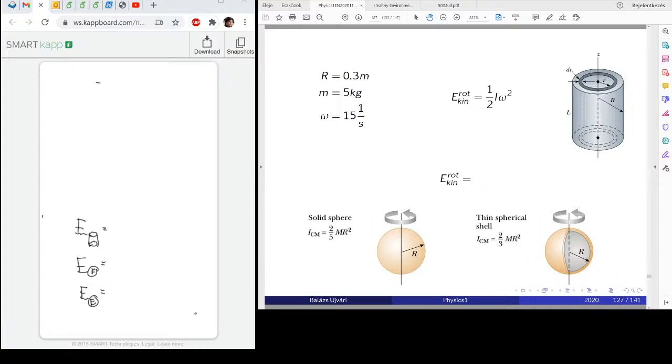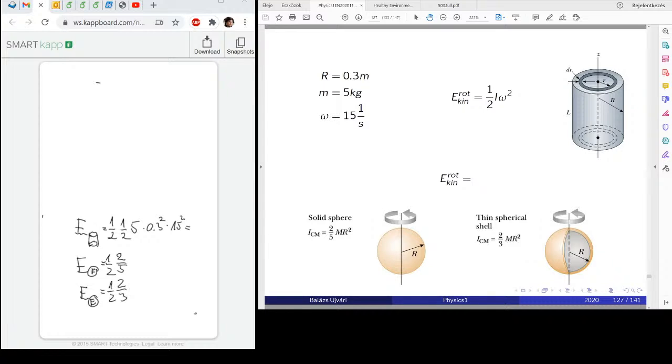Still waiting for the results. So 1 over 2, 5 times 0.3 square times 15 square, and here we have to change 1 over 2 to 2 over 5, and 1 over 2 to 2 over 3, and the rest is the same.